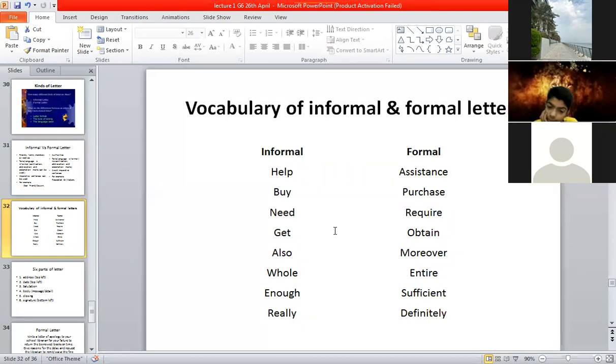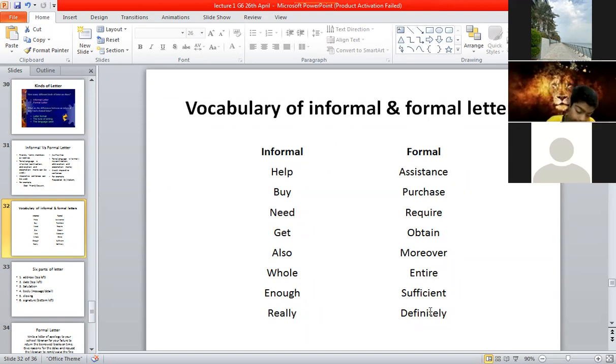Instead of get, you can use the word obtain. Also can be converted in formal letter into moreover, whole, entire. So these are synonyms, but these are the words which can be used in formal letter that look formal. Instead of using enough, you can use sufficient, and instead of using really, you can use definitely.